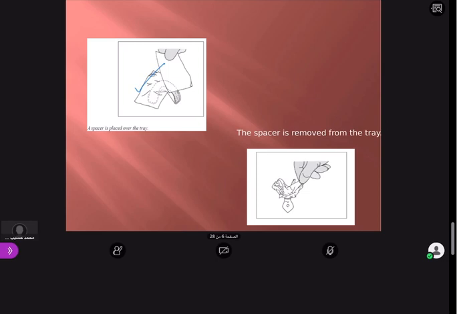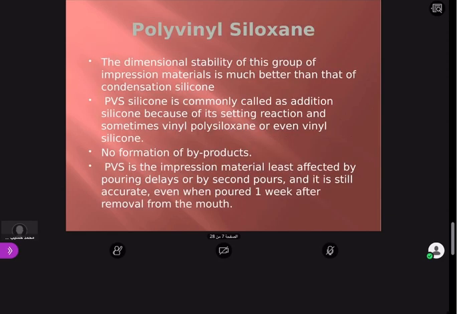The objective of the spacer is to provide a space for another material. After peeling the spacer, we have a space for the light body material. We put the light body material and again take the impression in the patient's mouth. By this method we complete the impression in two steps, and this technique is called the putty reline technique.